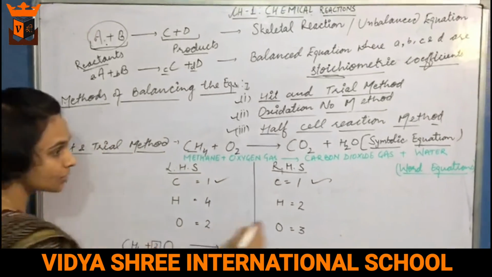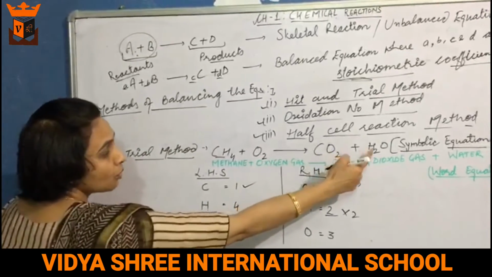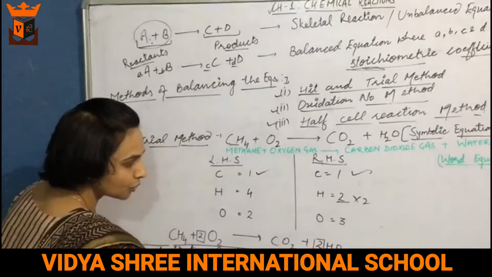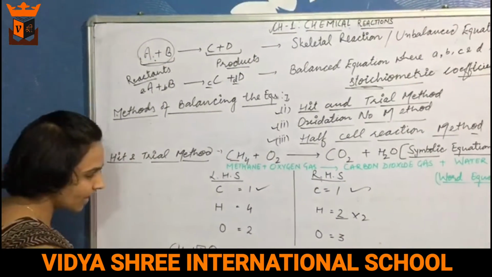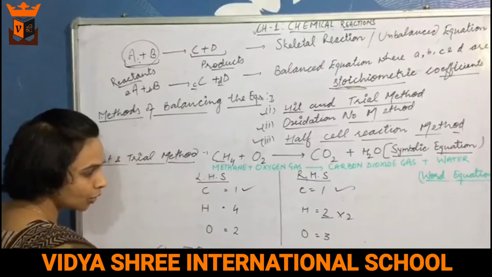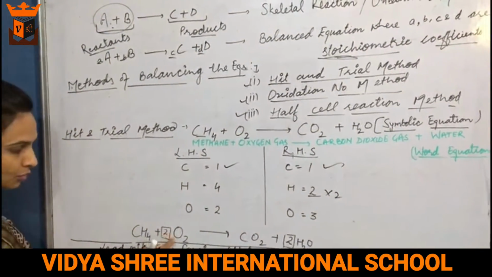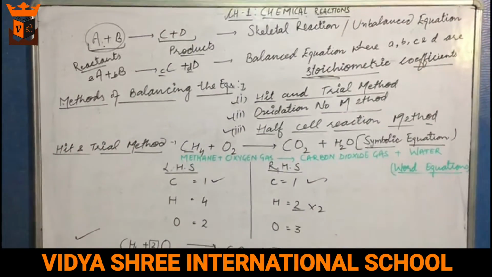Hydrogen is not balanced, so multiply it with 2. 2 2s are 4. So, where is hydrogen? H2O, multiply it with 2. 2H2O. 2 2s are 4 hydrogen, 4 hydrogen. 1 carbon, 1 carbon. Now, 2 plus 2, 2 2s are 4. So, 4 oxygen is equal to 4 oxygen. That's why this is a balanced equation.